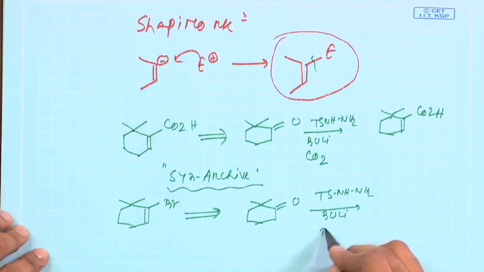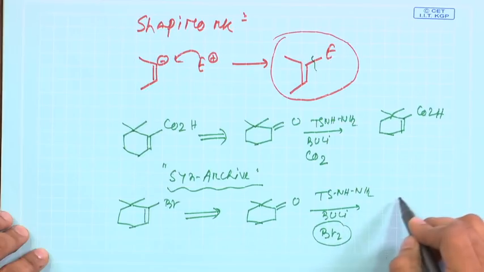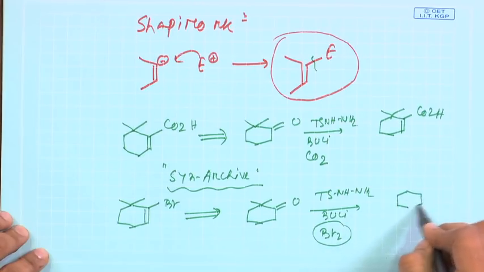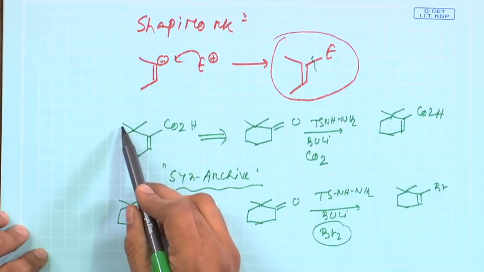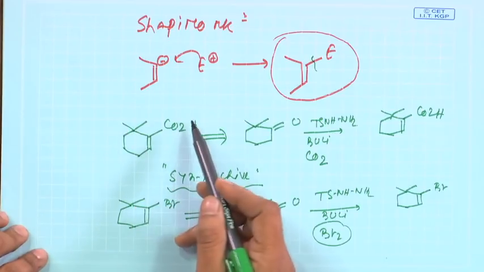So, you can just react with simple molecular bromine, and then finally, you end up with a vinylic bromide. So, the Shapiro reaction basically gives you a vinylic functionalization when you have a ketone adjacent to some alpha hydrogens, definitely. Otherwise, if both alpha positions have hydrogens, then you have regiochemical issues.